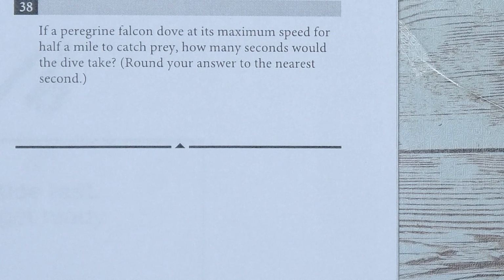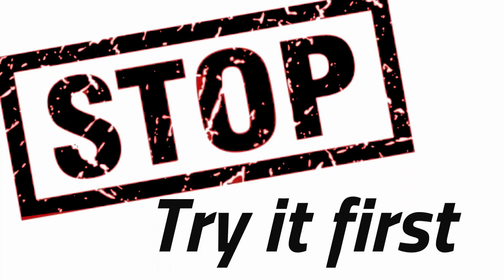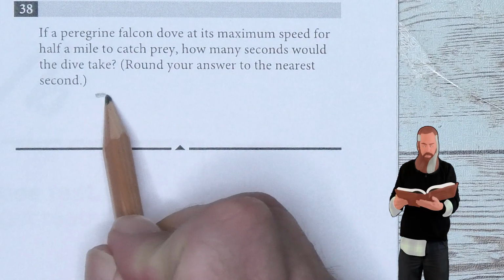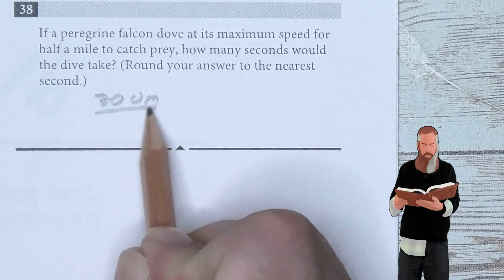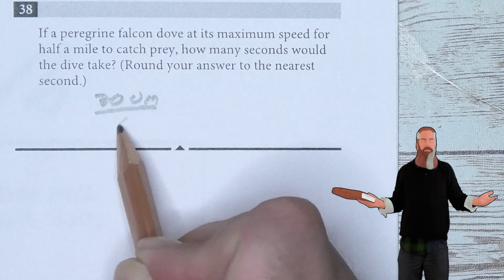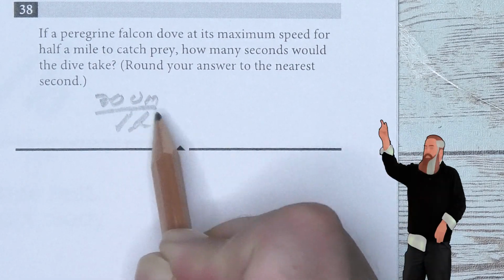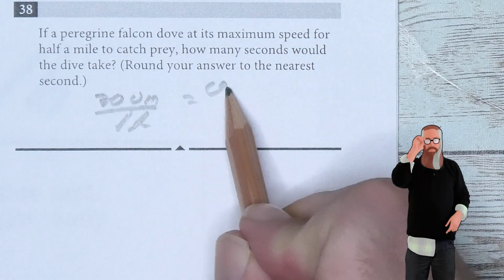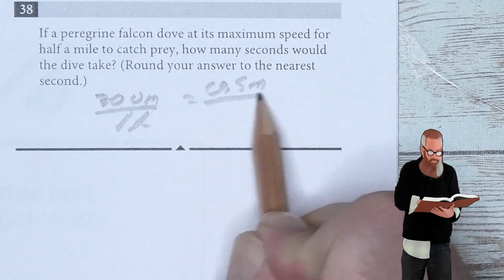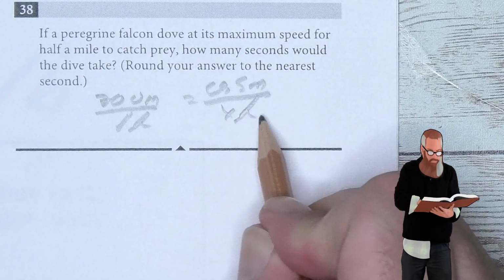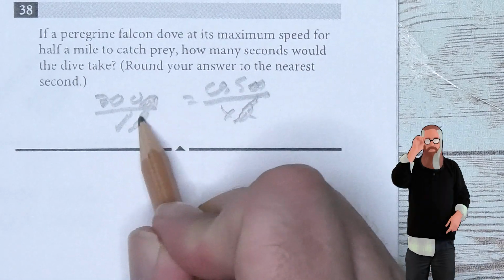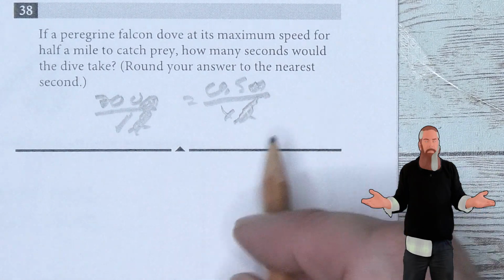If the peregrine falcon dove at a maximum speed for half a mile to catch its prey, how many seconds would the dive take? And round your answer to the nearest second. So we're looking at a ratio where we have 200 miles in 1 hour, and this is going to be equal to 0.5 miles in how many hours? Now, we're not really worried about these labels here, but that way we could set up this ratio.